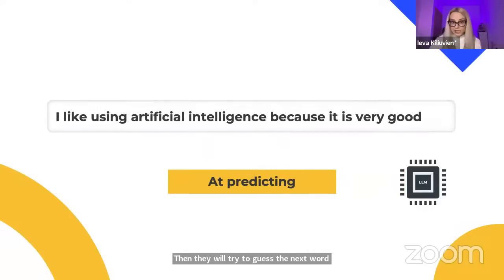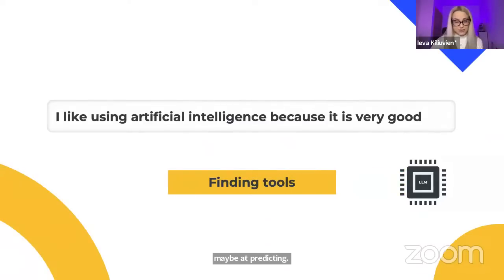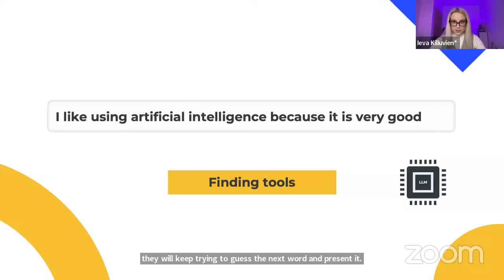Maybe at predicting, maybe in the HR field, maybe finding patterns, and so on. They will keep trying to guess the next word and present it. It's like an extremely complex autocomplete on steroids.